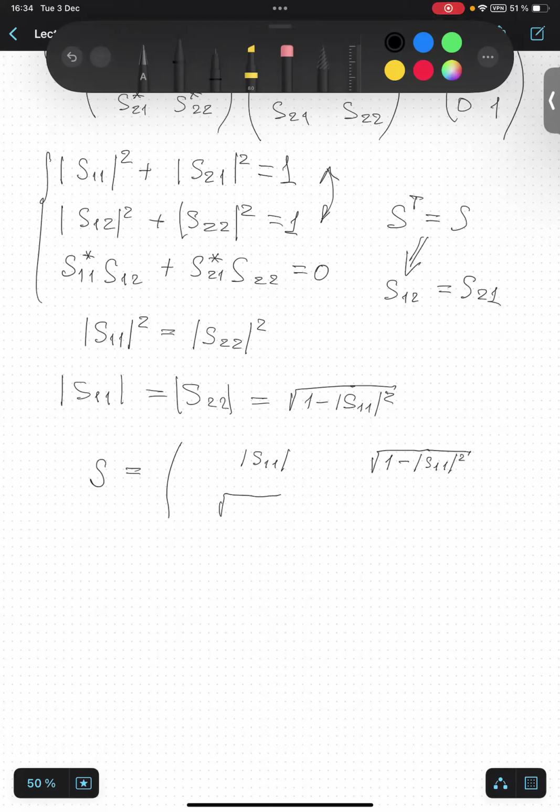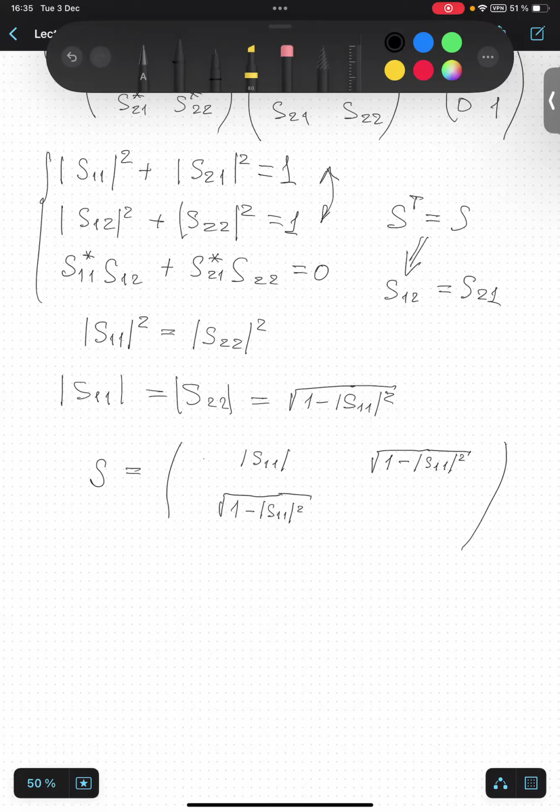Here's the same because they are equal. S11 squared. And here, actually, it may be different. So I will just write explicitly, rewrite the amplitudes and the phases of these components of these fields.